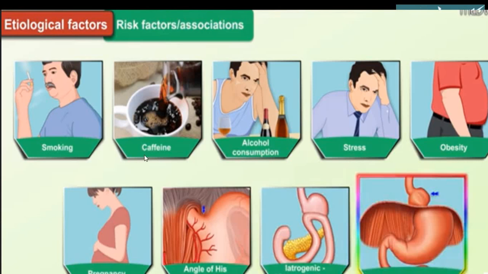So smoking, caffeine, alcohol, mental stress, obesity, pregnancy. Then even a person who has undergone gastrectomy, or has hiatus hernia, as well as if the angle of His is enlarged, then there is a high chance of GERD.